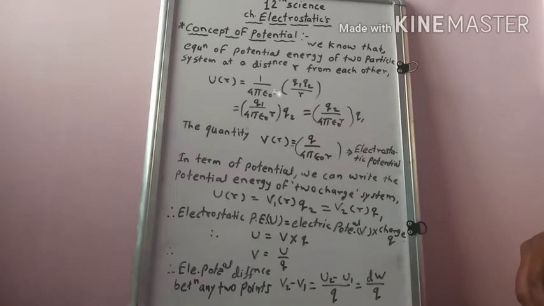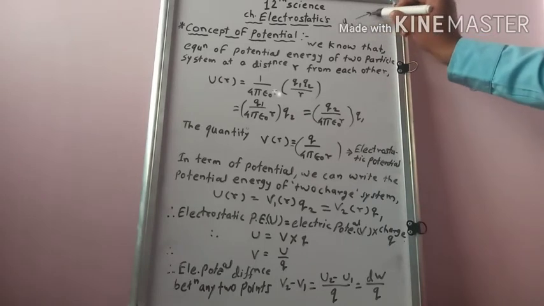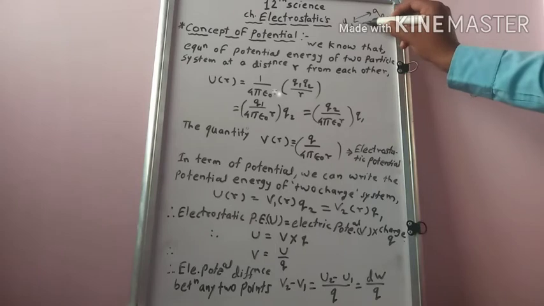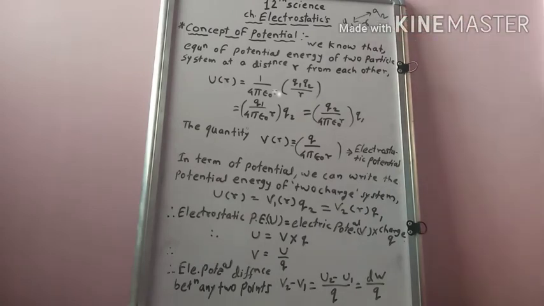That is, q1 and q2 are the two charges, separated by the distance r from each other. From these two charges we can determine the expression for the potential energy.